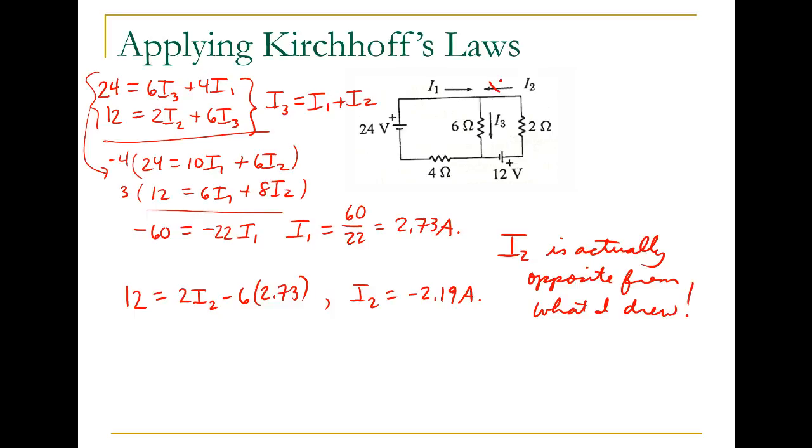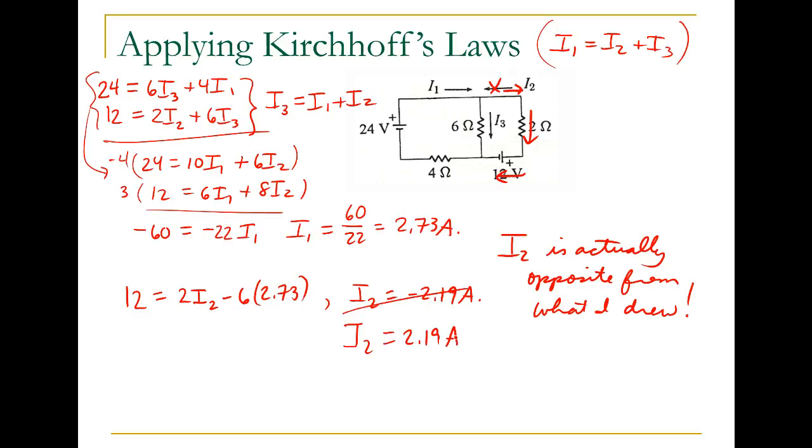Okay, and that's all right. That just means that I2 is going this way, and this way, and this way. Okay, so really what I should have said is that I1 is equal to I2 plus I3. But that's the thing. You don't know when you set these up. You just have to solve it out and guess. So I2 is actually equal to 2.19.